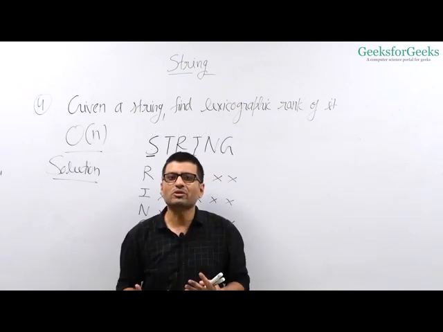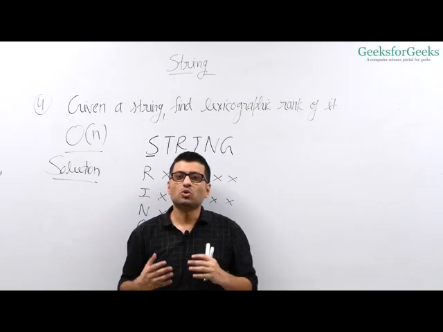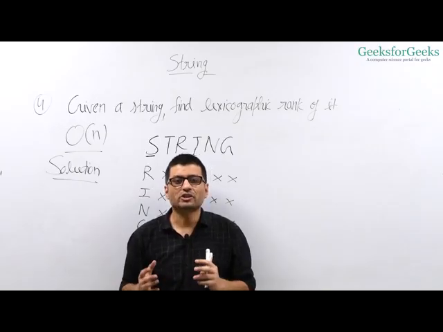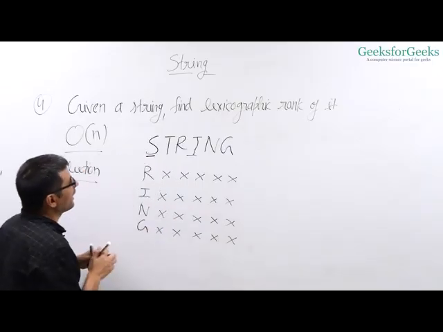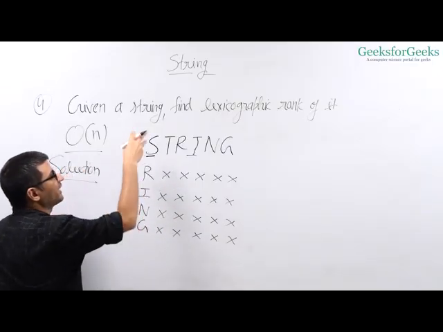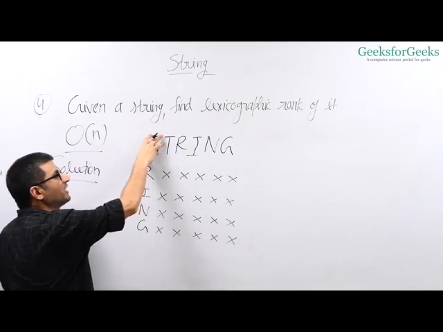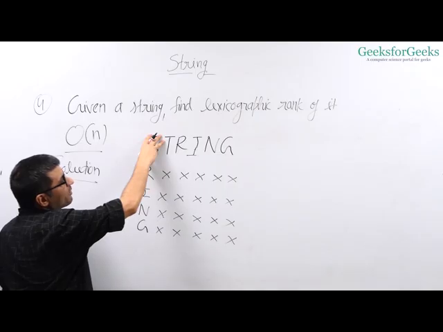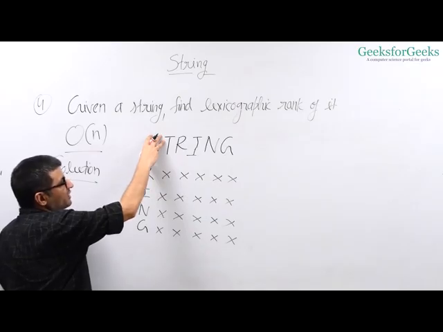Let us now talk about a big O of n solution. The idea of this solution is to count lexicographically smaller strings than the given string. How do I get this count? I use some mathematics here. The idea is I count all the strings which do not contain S as the first character. So how many characters can I put in place of S to get lexicographically smaller strings which do not have S as the first character?